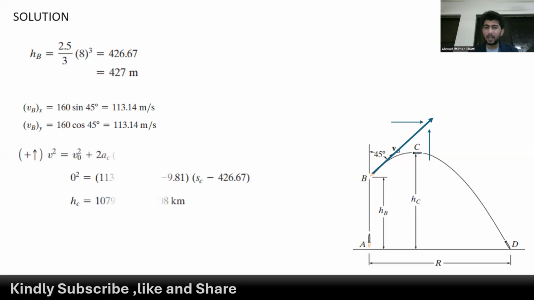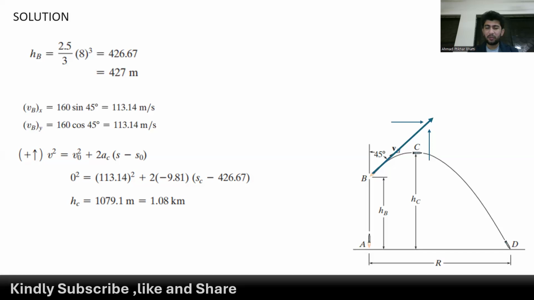Now if we use the third equation of motion, we can find the height of the missile at point C. Here the final velocity is 0, because at point C it reaches its maximum height.